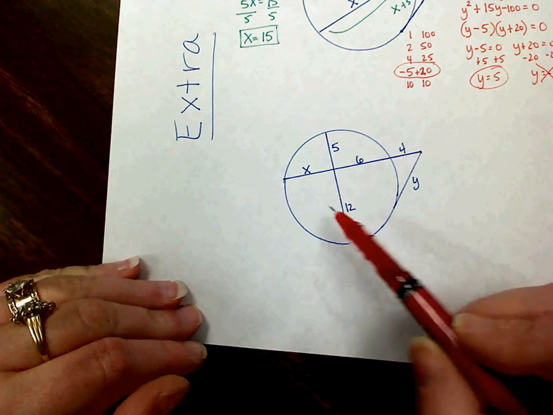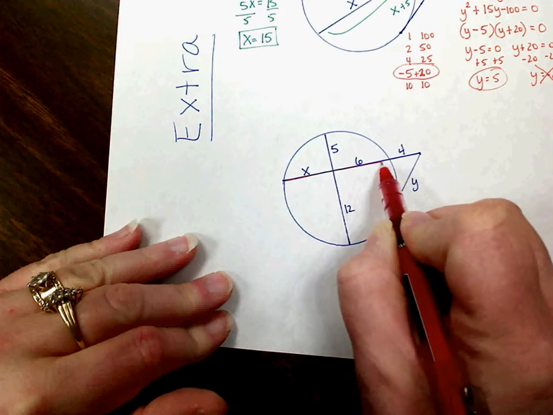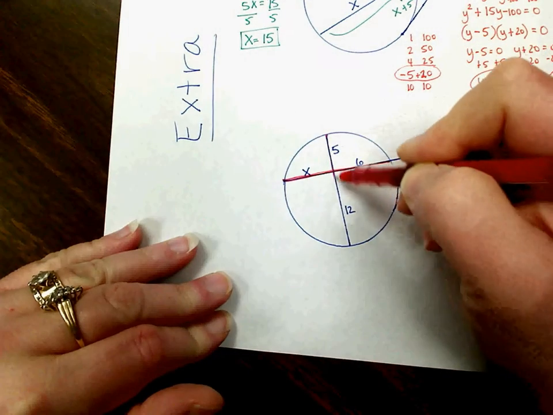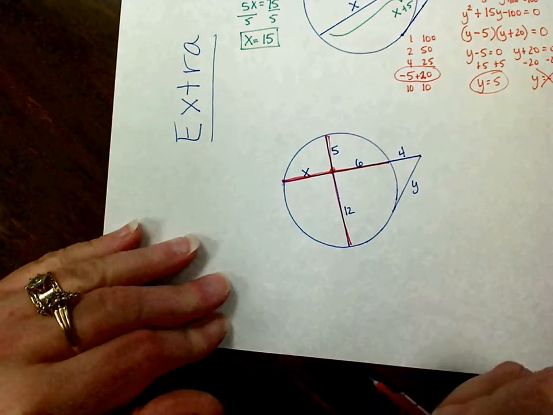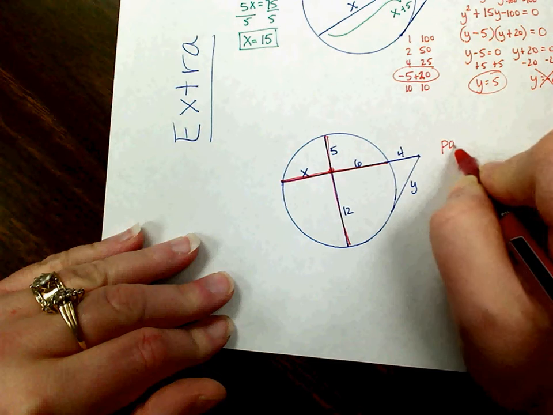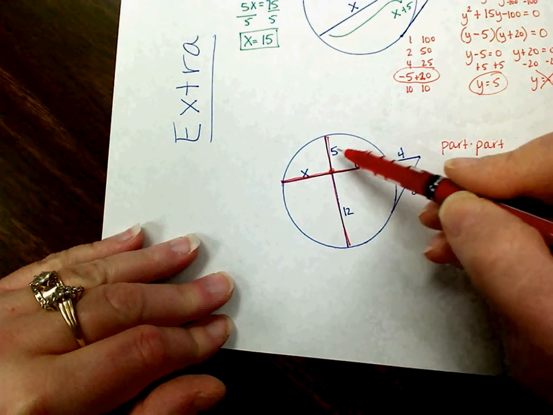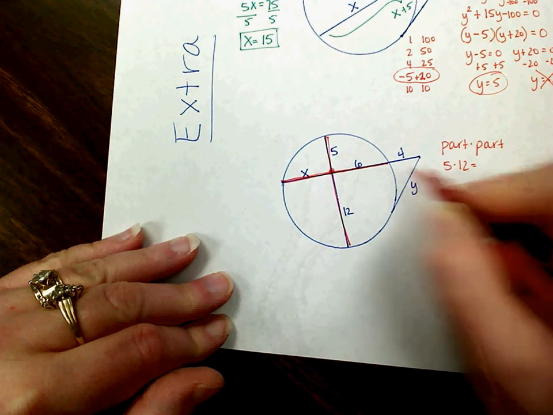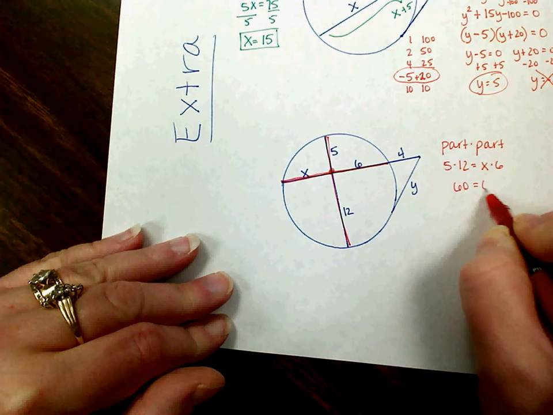You can find your value of x first by focusing in on this chord, which is part of the secant, intersecting this chord inside the circle, so that gives you a part times part relationship to find x. So you'd have the 5 times the 12 equaling the x times the 6. 5 times 12 is 60, x times 6 is 6x.